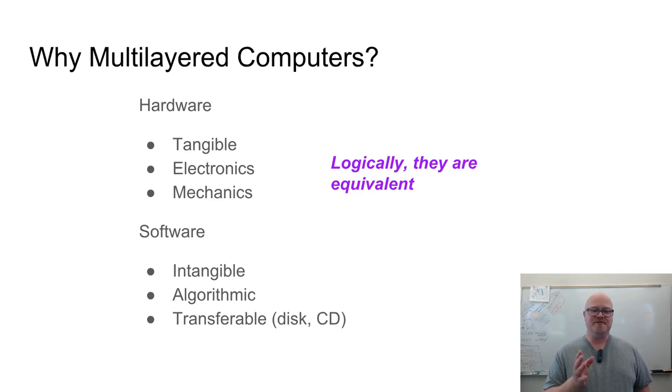Now I have notes here that it's also algorithmic and transferable, and while that is true, I'm going to skip over this entirely. I want to end this presentation by talking about one of the interesting side effects of software being intangible. This means that it doesn't have a real physical form.